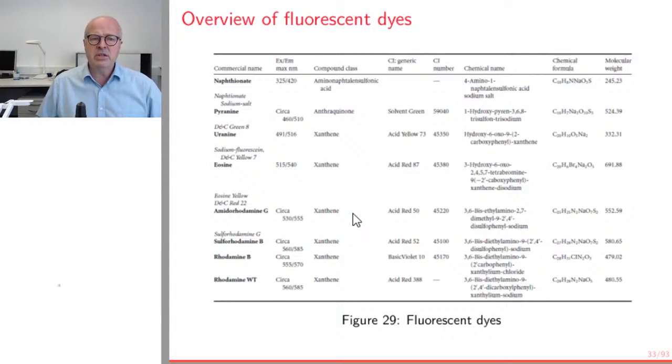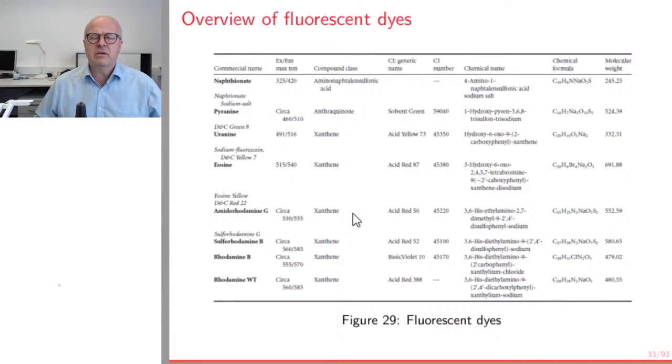This unique combination of emission and excitation wavelengths makes the measurement of fluorescent dyes very specific. And by the way, it's also sensitive, because you could actually measure naphthenate in a mixture of other tracers. As long as you don't have another tracer with the same or similar excitation and emission wavelength, they will just be dark black. You will not see them. You will just see the naphthenate in this mixture of tracers. This is what makes them so interesting.